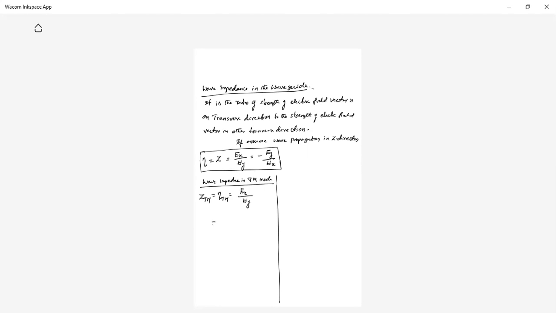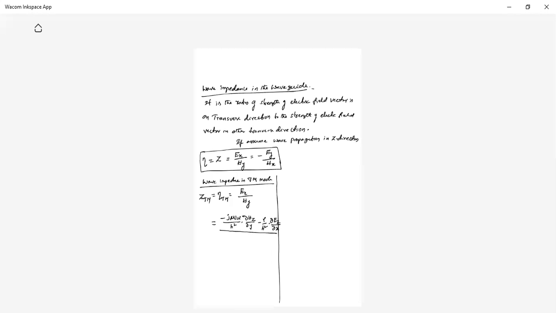Now we already know the Ex and Hy values in our field components. Ex is equal to minus j omega mu by h square into dou Hz by dou y, minus gamma by h square dou Ez by dou x.